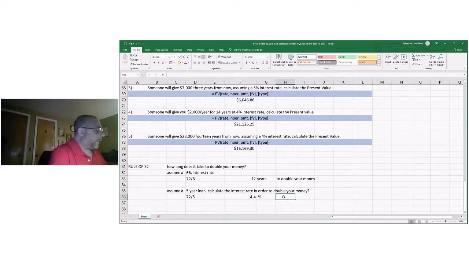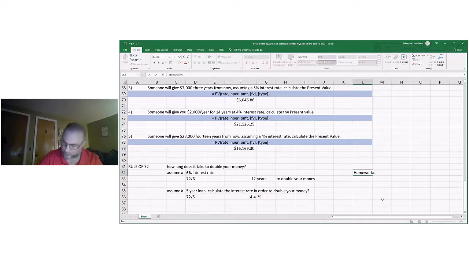Okay, that does it for today. For homework, what I would like you to try, get the book here. So homework, this is on page 340 and 341.